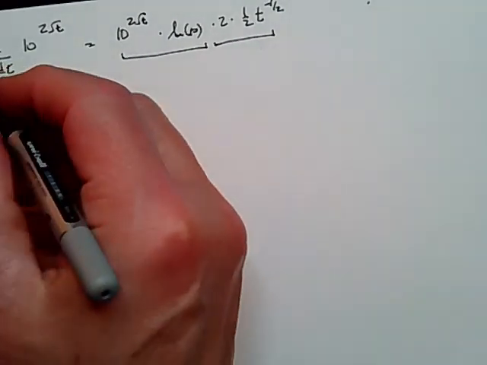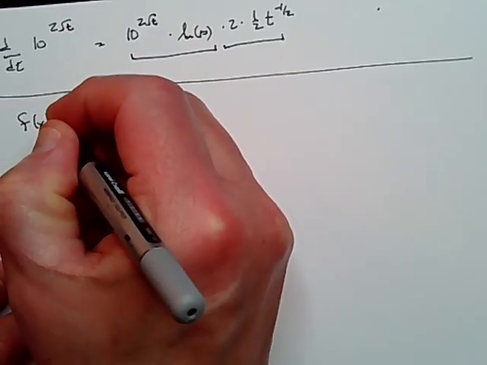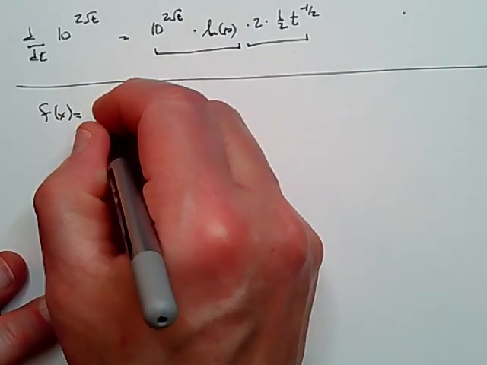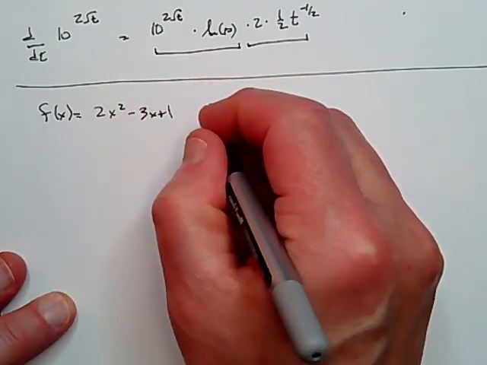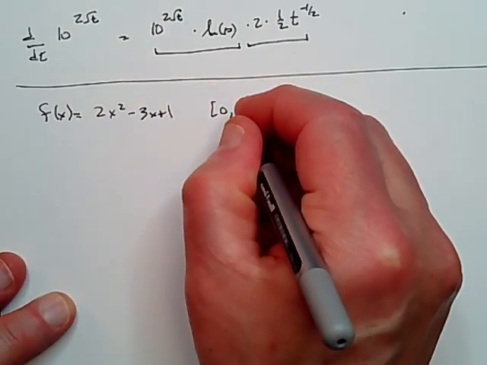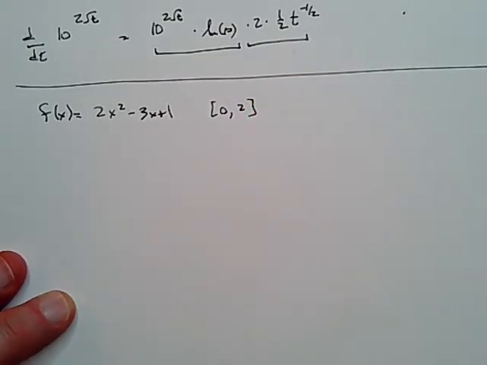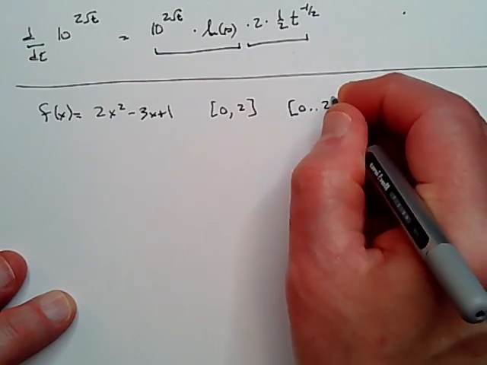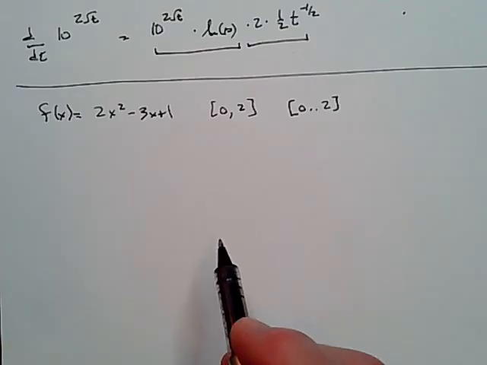So let's see. f of x is 2x squared minus 3x plus 1. And the interval is from 0 to 2, closed, of course, because the mean value theorem calls for it to be closed. Sometimes I will write that as 0 dot dot 2, but the book follows what is really the standard notation, which is this.